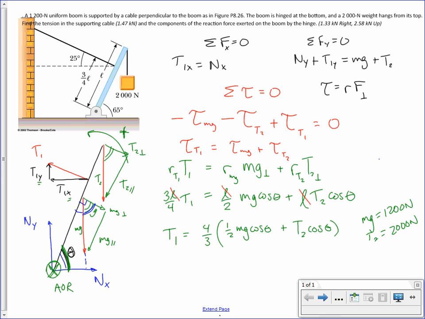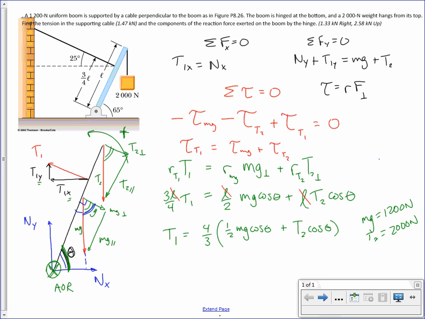Theta is 65. So if we crank through here, we ought to just make sure we get what we're supposed to get. Let's see. So mg 1200 cosine 65 divided by 2 because it's 1/2 plus T2 2000 cosine 65 times 4 divided by 3. 1465.